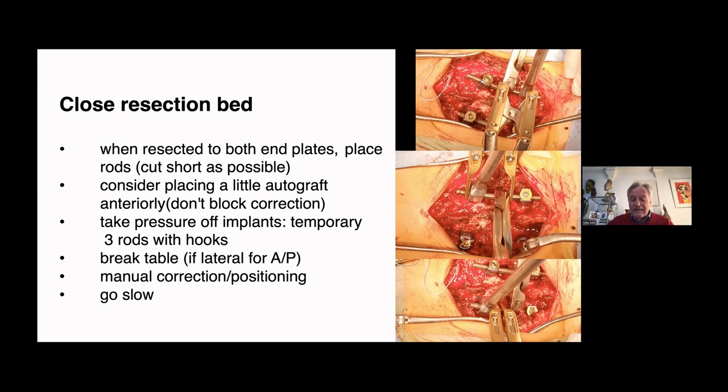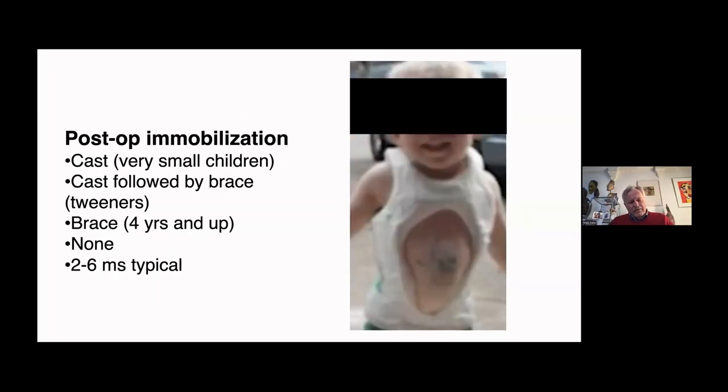So you can combine these different maneuvers, and you can even use the table. You can breach the table to basically try to correct specifically when it is kyphotic. You can correct the kyphosis by bending the table. Also, postoperatively, in most of the very small children, at least we do a cast, just to prevent any secondary problem, because they're moving uncontrolled.